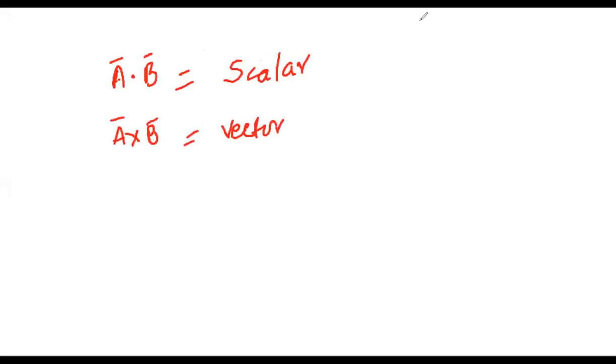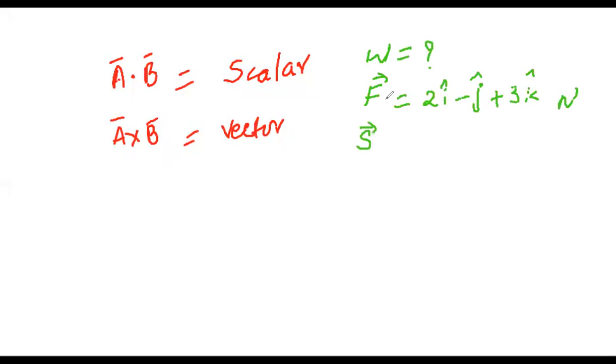So then the question is, suppose let us take one example. I want to calculate the work done. I am considering a force vector, let's say 2i minus j plus 3k. This is the force vector in Newtons. And the displacement vector I'm also going to take, i plus j minus 2k, in meters.